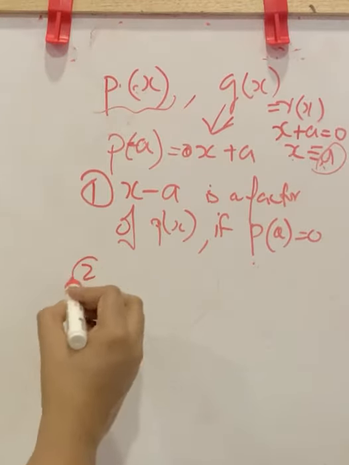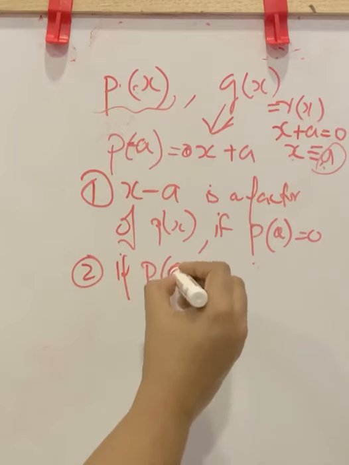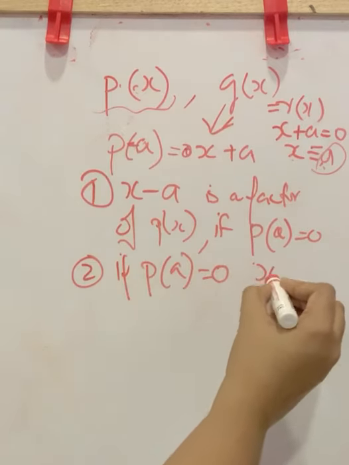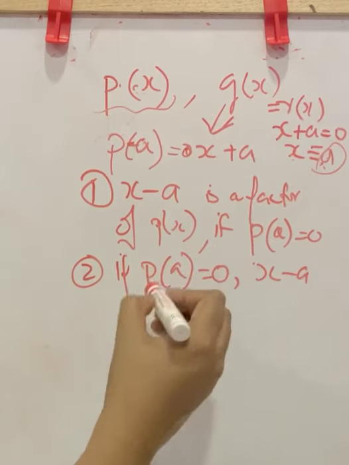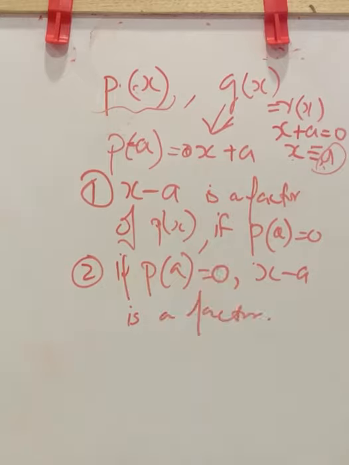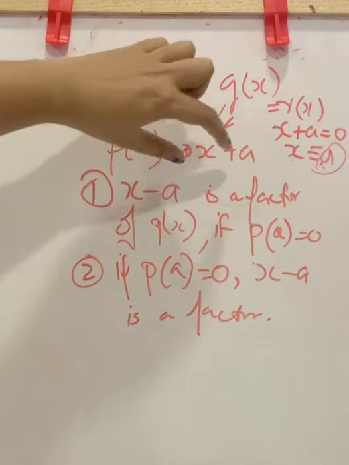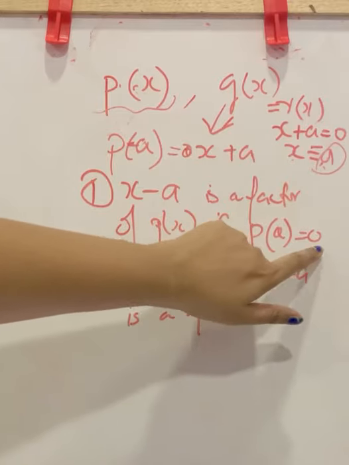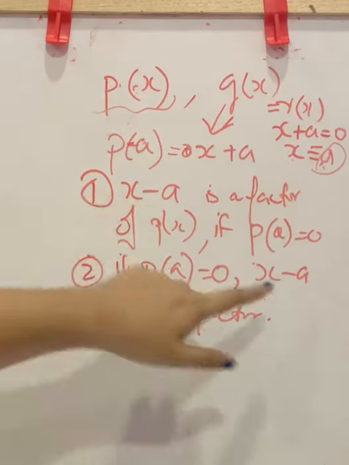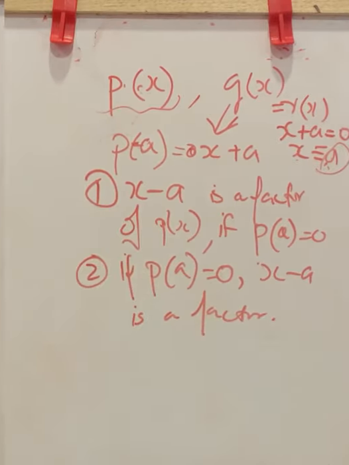The second case is, if p of a equals 0, then we can say x minus a is a factor. That is vice versa. If x minus a is a factor, then p of a equals 0. And if p of a equals 0, then x minus a is a factor. In both ways we can do problems.